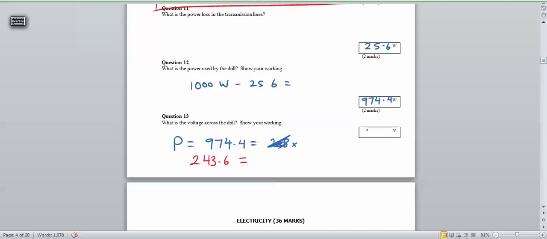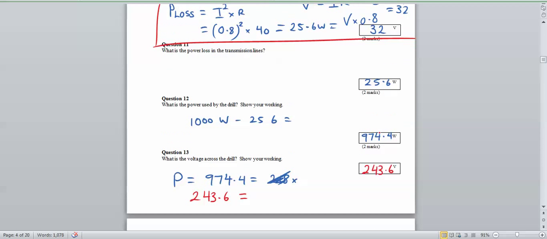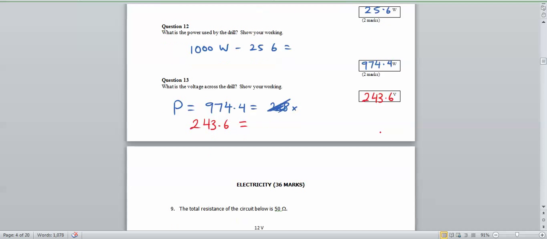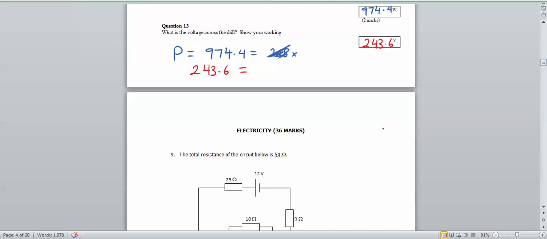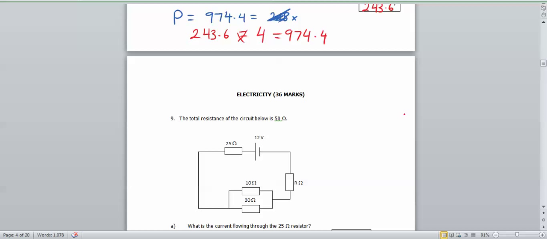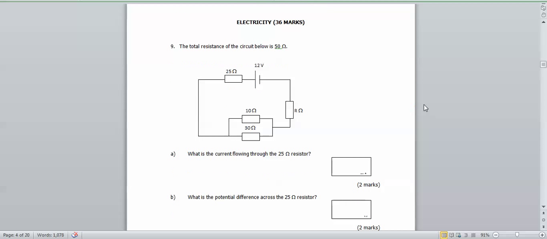That's how many volts is across the drill. Okie dokie. Times that by 4. If we were to do that, 240, and just to test out, when the current steps back up at 4 amps, times that by 4, that gives us our 974.4 watts. So, sorry, I got a bit muddled up there. Shouldn't really try to do these so quick.